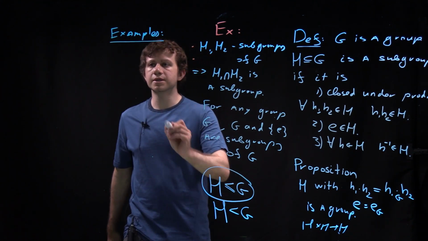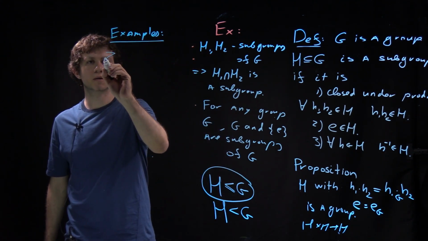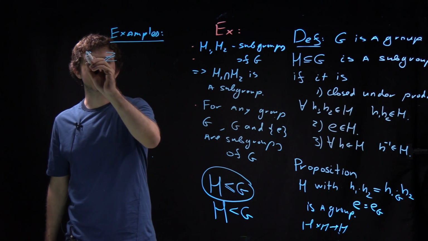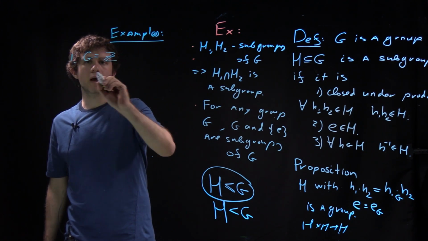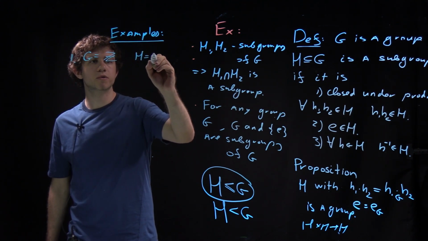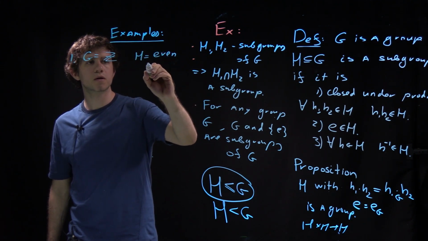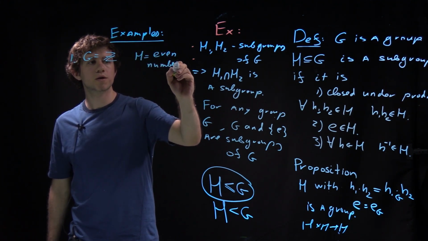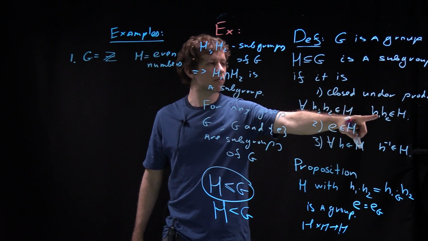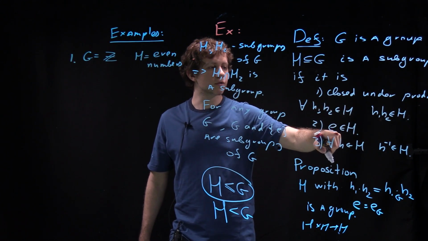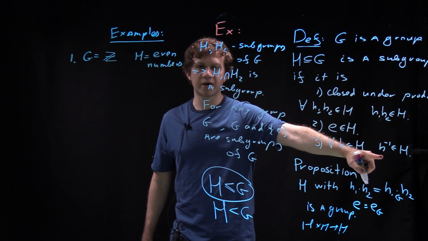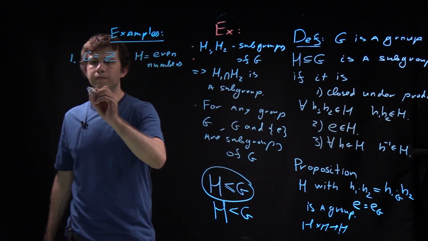Okay, so some examples. For instance, G can be equal to Z, and H can be the even numbers. We just need to check: sum of evens is even, 0 is even, if n is even, minus n is even, that's it.